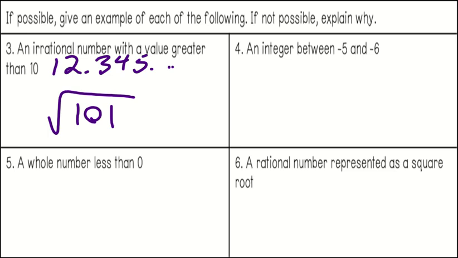On the top right, asked about an integer between -5 and -6. What did we say integers were earlier? Negative numbers, whole numbers, right? What whole numbers are between -5 and -6?